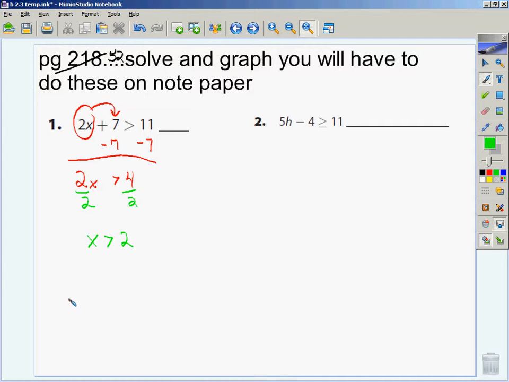Only if I multiply or divide by a negative do I flip it. So, from a graphing standpoint, open circle on the 2, and I would be going to the right because it is getting bigger.